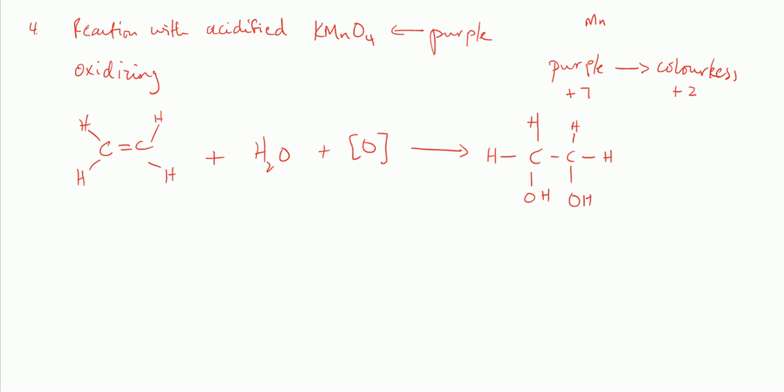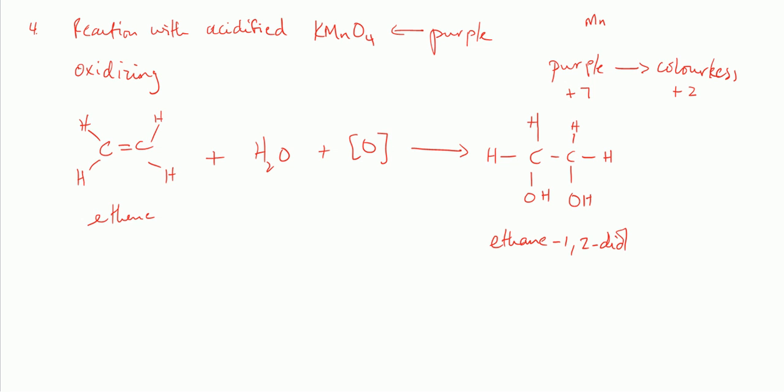Right, so the product is actually ethane-1,2-diol, right? And this was ethene. All right, so you need to know this equation. You need to know that the KMnO4 goes from purple to colorless, right? Incidentally, that is a test that we use for distinguishing between an alkane and an alkene.